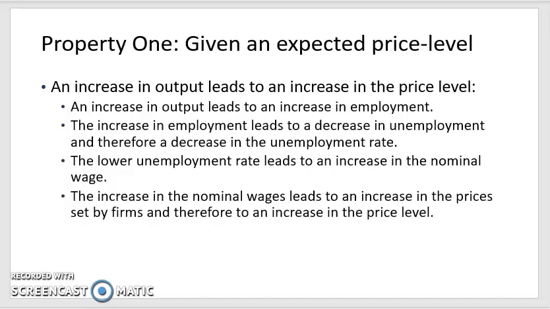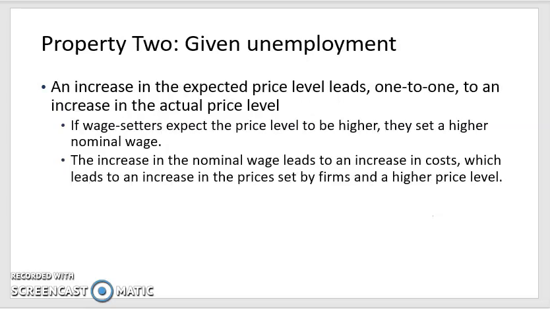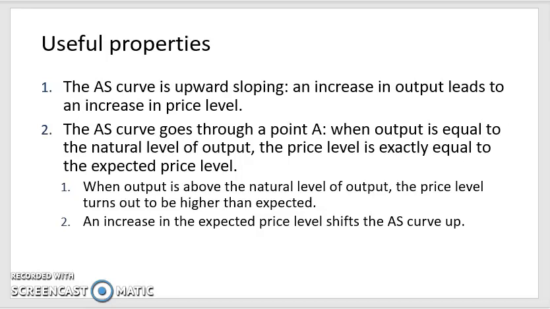Okay, so we can re-emphasize these two properties. One, given an expected price level, an increase in output leads to an increase in the price level. And property number two, given unemployment, an increase in the expected price level leads one-to-one to an increase in the actual price level. We can now use these properties to derive the AS curve.